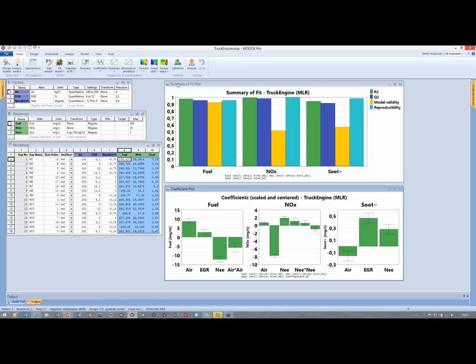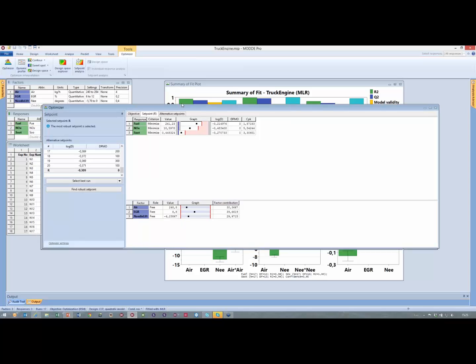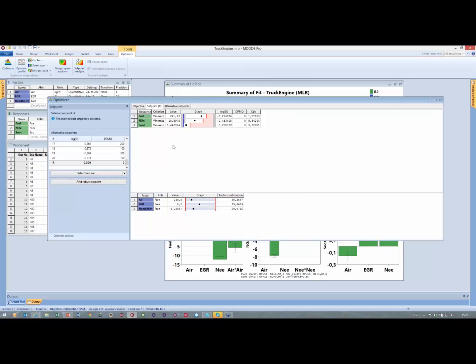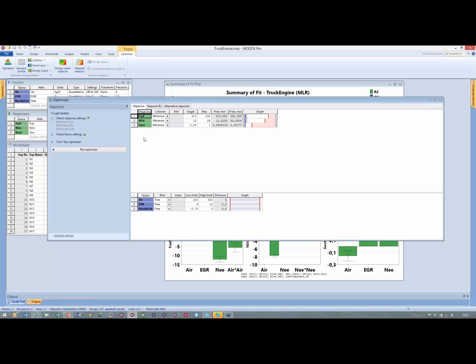After you have derived these models, you move into the optimizer, and that is where you are really entering into the design space capabilities and robust set point calculation capabilities of the Model software solution. The optimizer has a number of different elements, and one element is a part where we are setting the specifications for the responses.